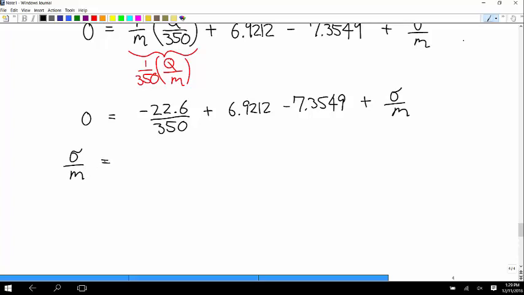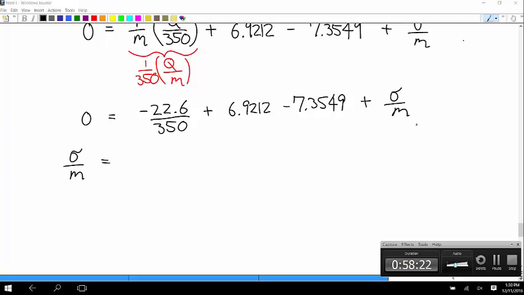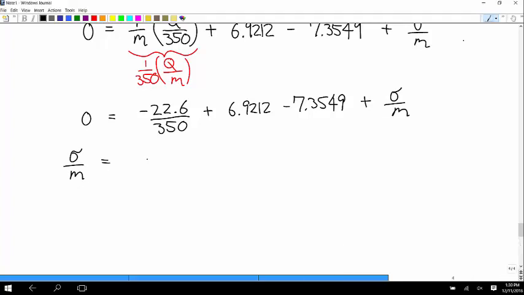Can someone calculate that? I think everything's in kilojoules. Okay, so sigma over m is 0.498.